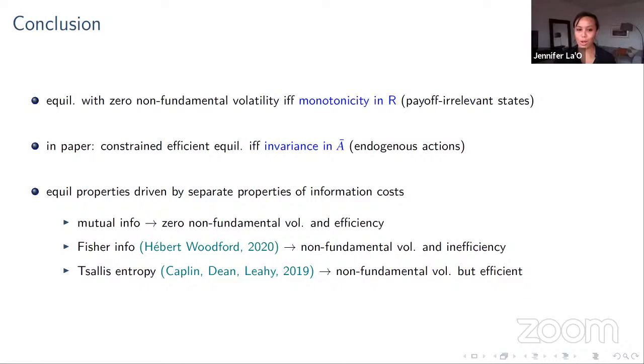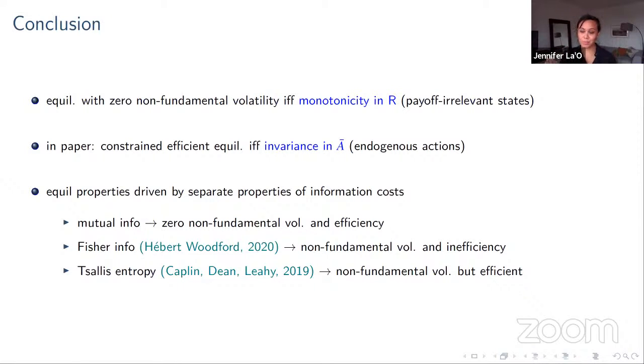I'm not sure what you mean by empirically relevant. My intuition for the monotonicity in R result is that R is this public signal that might be very salient, for example monetary announcements or announcements by the BLS.